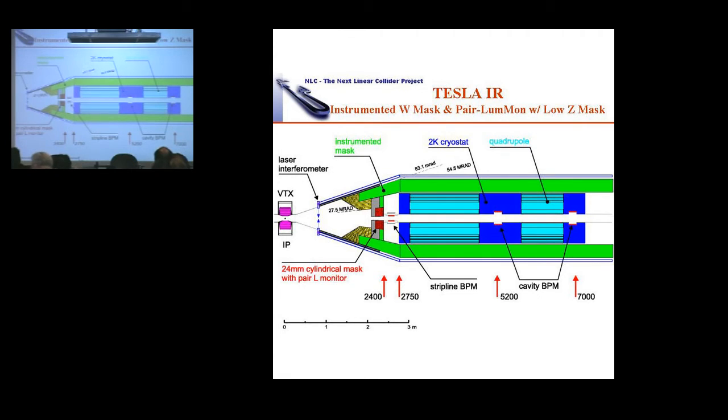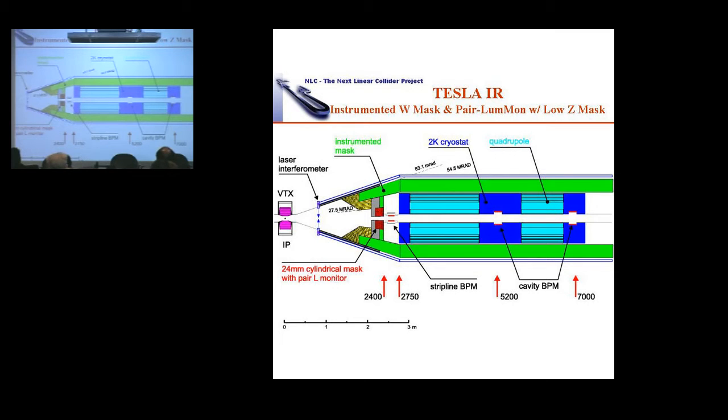Here's a picture of the Tesla IR, where the incoming beam comes in, and then 100 meters, half of 3/32 nanoseconds later, the other beam goes out the same aperture. So this is online, a nice big 24 millimeter radius hole for handling those beams.